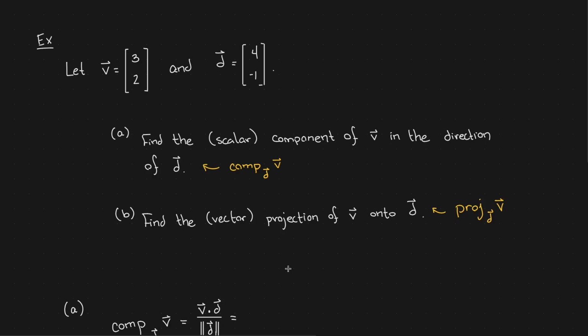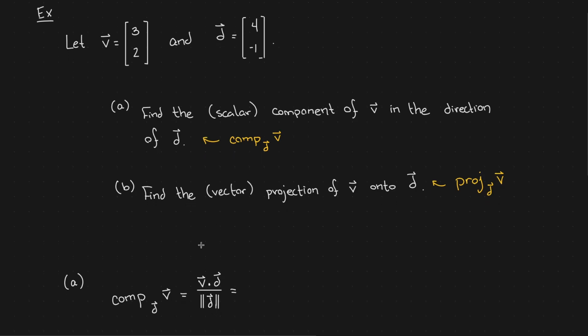All right, so this is simple enough to do. I need the dot product of vector v and vector d, so I'm just going to multiply corresponding components, then add the products together. The first component of vector v is 3, times the first component of vector d, which is 4. Now I'm going to add that to the product of the second components. The second component of v is 2, and the second component of d is -1.